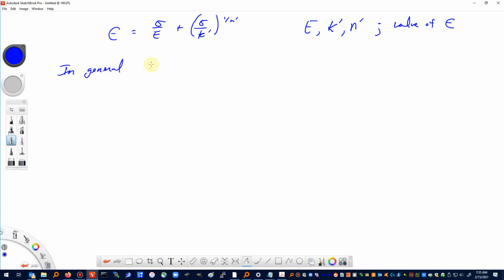Okay, so in general, if you have a function, let's say y is a function of x, and we wanted to find out what are the roots of this function, and this y is some kind of constant. Well, what we can do is rearrange this and have f of x minus this constant equal to 0.